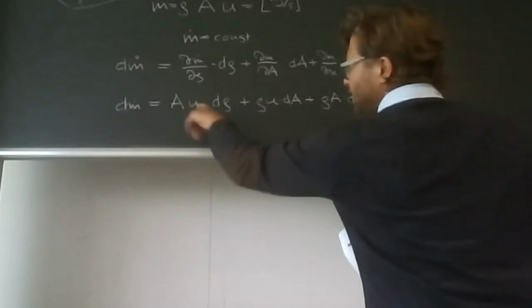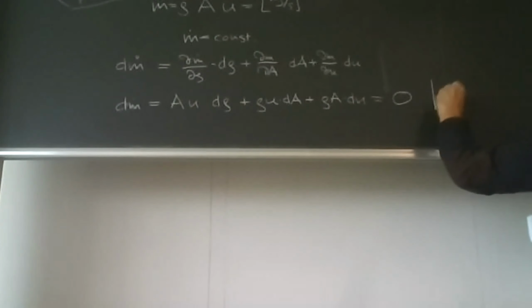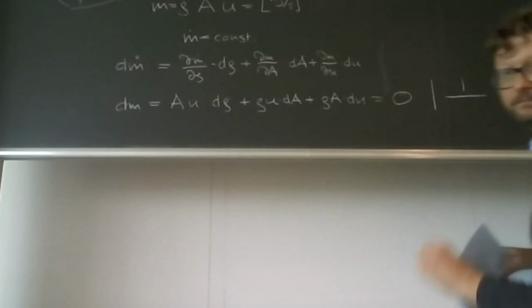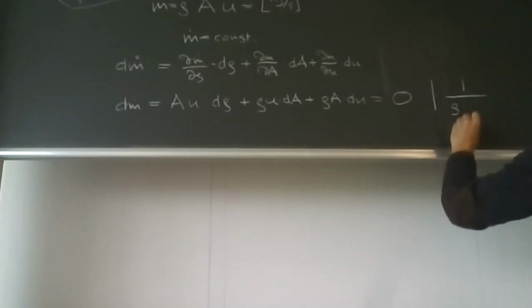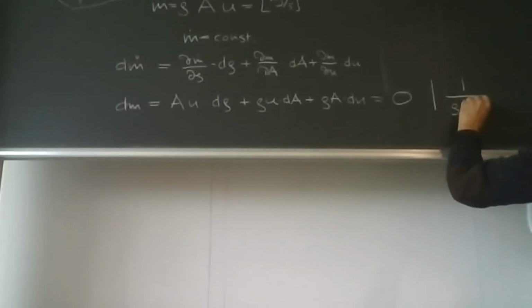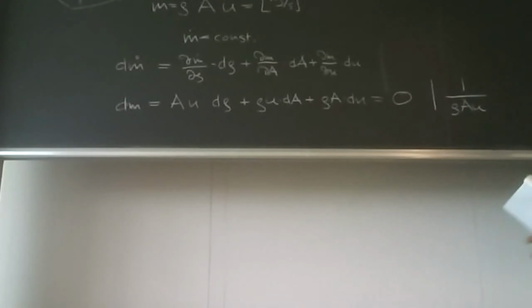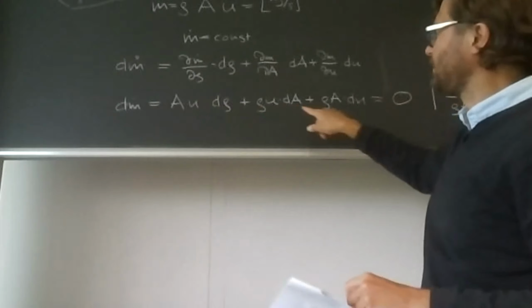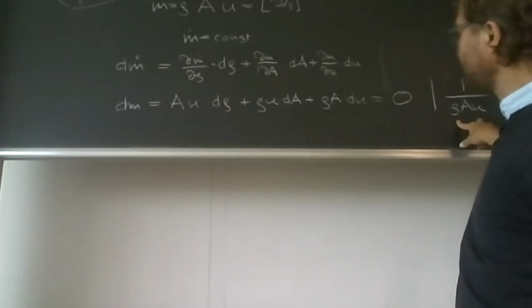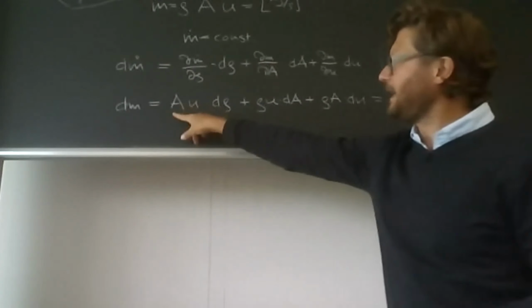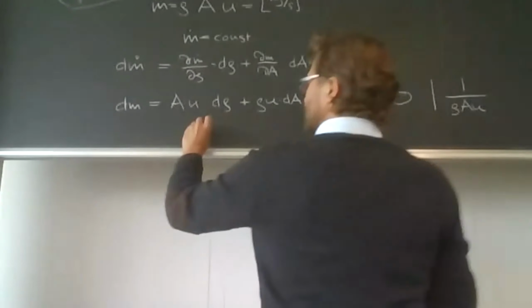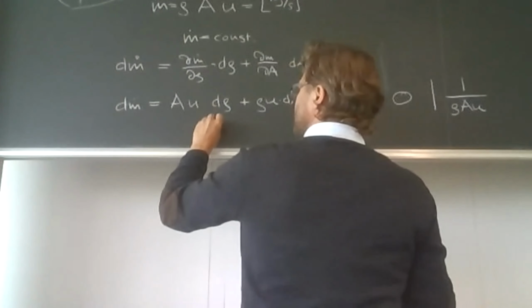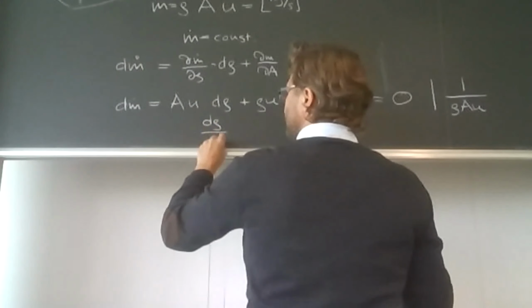And we can rewrite this in a nicer form by dividing this whole equation by rho A U. If we divide each one of these three terms by rho AU, we see the first term, the AU cancels, and we just maintain a 1 over rho. So for the first term, we just have d rho divided by rho.